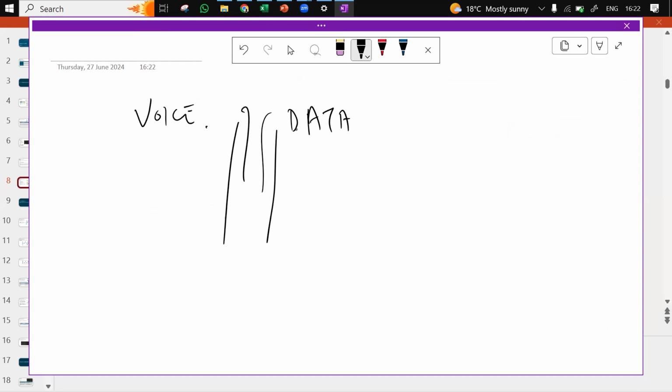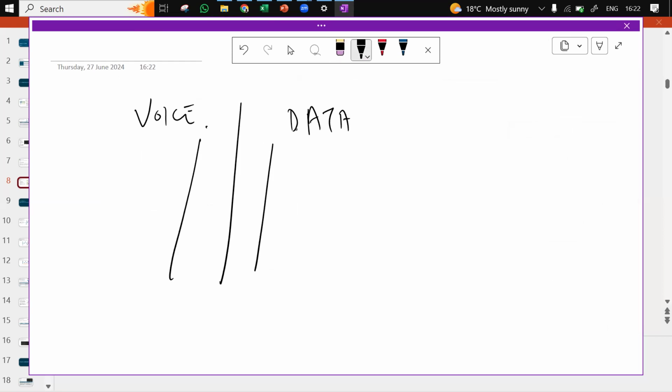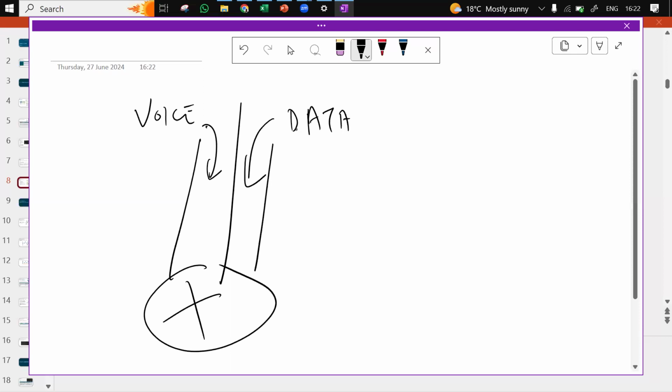When I have VLANs, it means voice has its own road and data has its own road. So when it reaches, for example, the router, I can say this data goes slowly, and this voice goes first. That is prioritization of traffic.